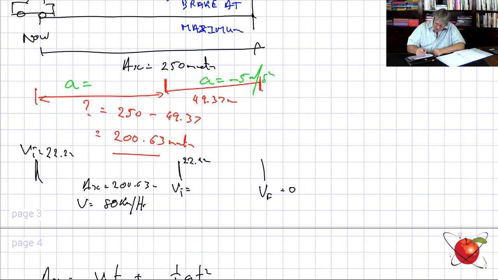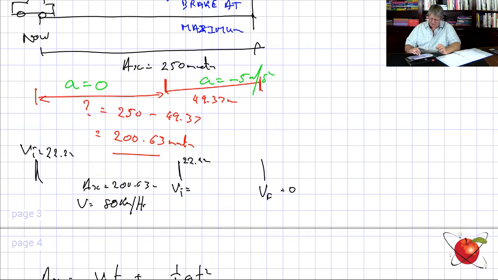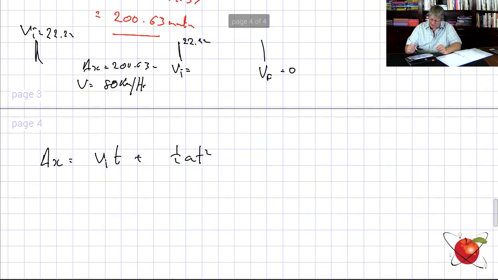The acceleration here is 0. It is traveling at a constant velocity. We are not accelerating. We're not going faster or slower. We are staying at the same velocity. Therefore, A is 0.